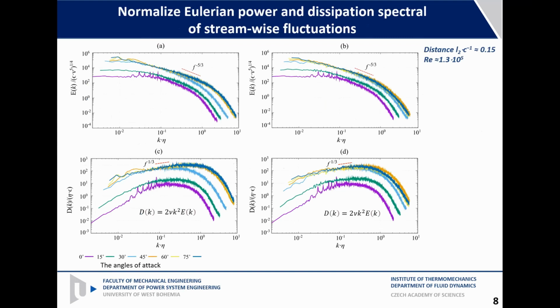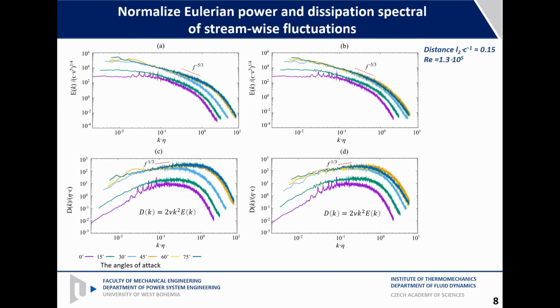After that, we tried to analyze the power spectrum and dissipation spectrum of stream-wise fluctuation, which also show some grouping between angles of attack.